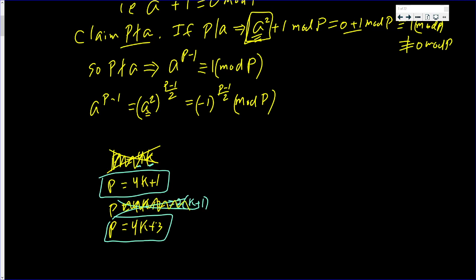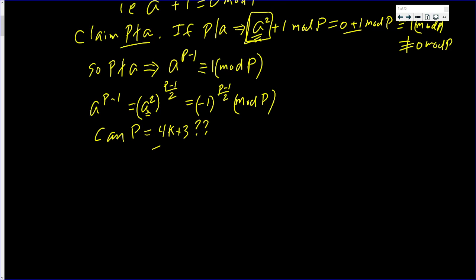Okay, so the question is, can p be of the form 4k plus 3? That's what we want to see. Either it can or it can't. If we run into trouble, then guess what? It can't. So now, we're just going to build up on this.